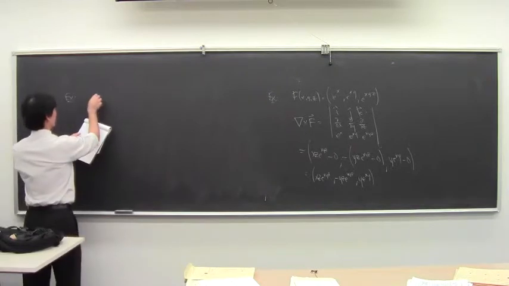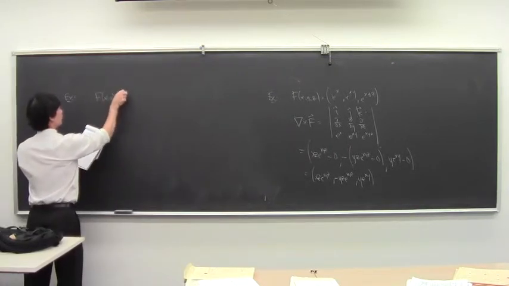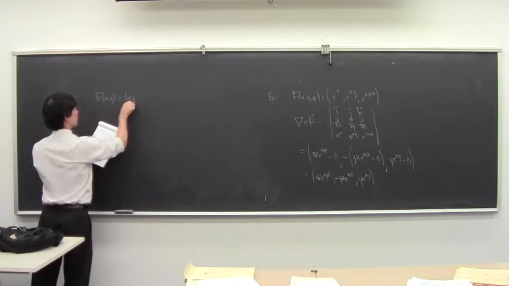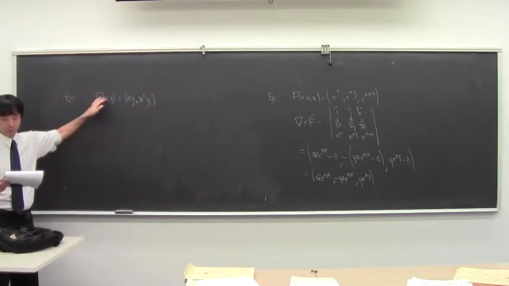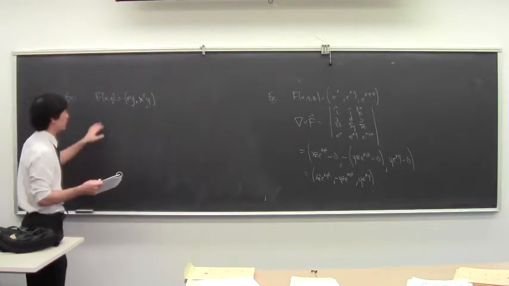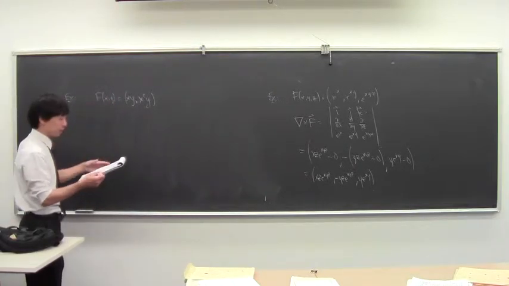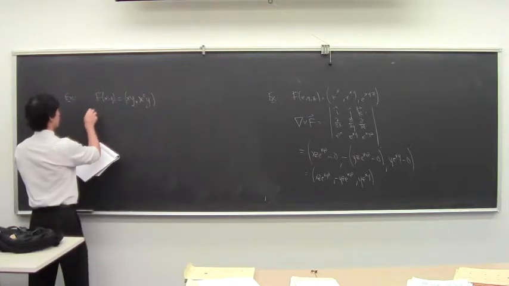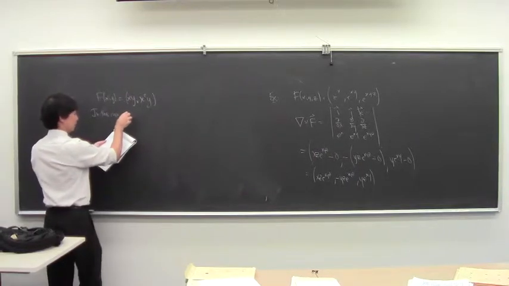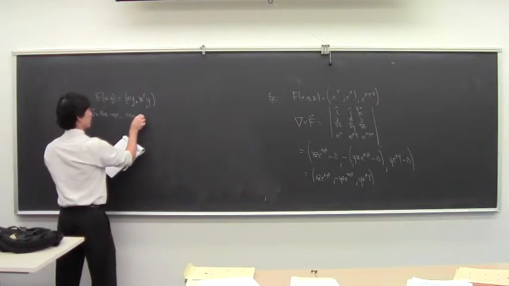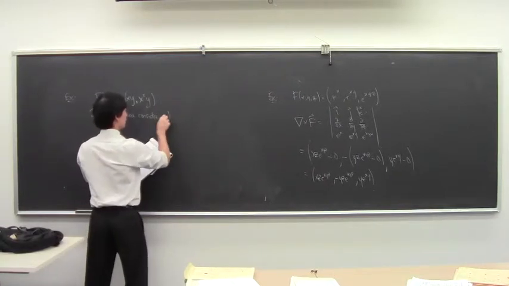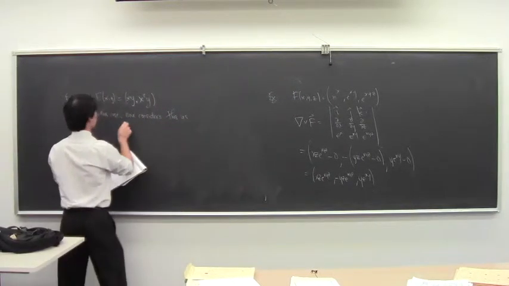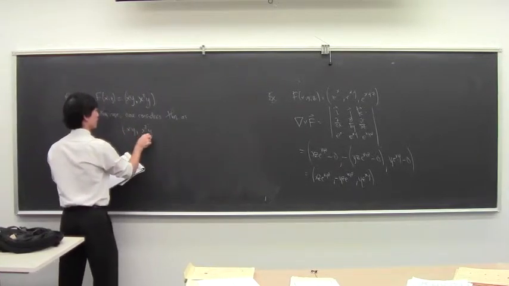Another example. If you have a field in R2, and you want to talk about the curl, what one does is consider this as xy, x squared y, 0.